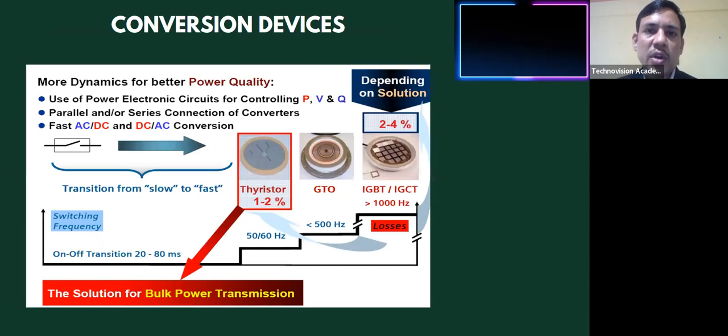And these are the power electronic devices which are making the magic in power systems. We know that thyristors are generally used for current source converter based technology, at 50 to 60 hertz frequency.